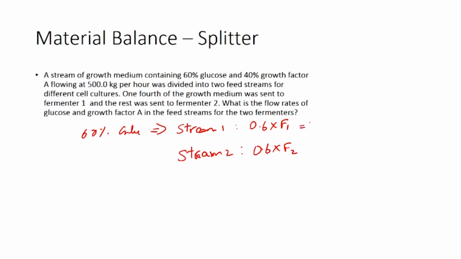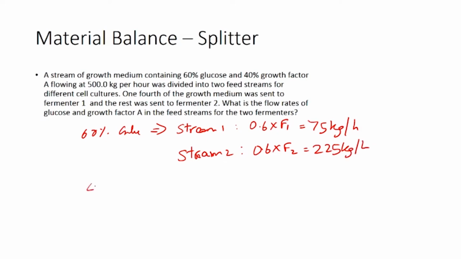So, in stream 1 the mass of glucose leaving would be 75 kilograms per hour, and in stream 2 it would be 225 kilograms per hour.